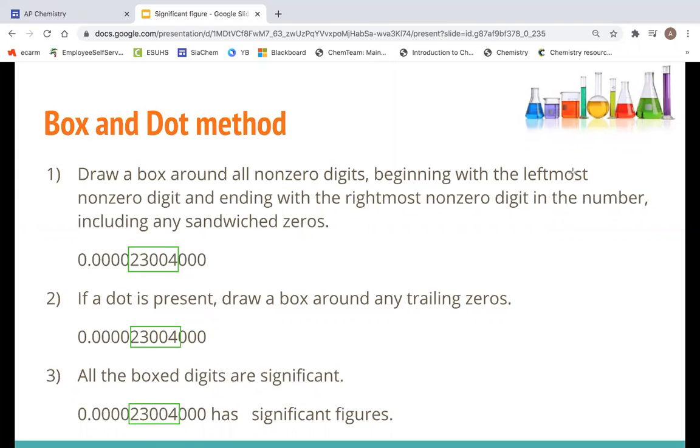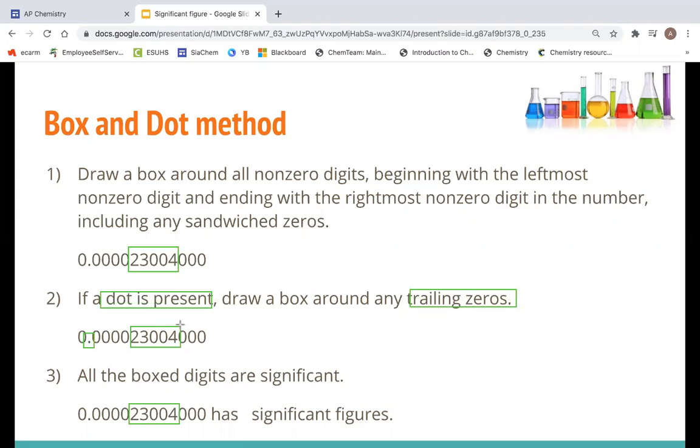Next, you look at the next rule. The next rule says if there is a dot present, so dot as in the decimal. You can see here there's a dot present, right? If the dot is present, draw a box around all the trailing zeros. Trailing zeros are basically zeros at the end.